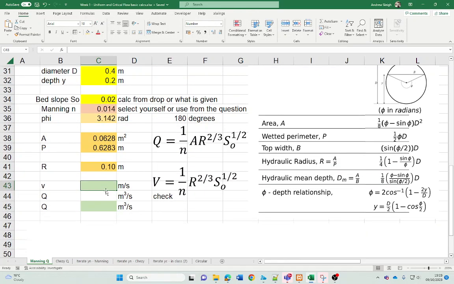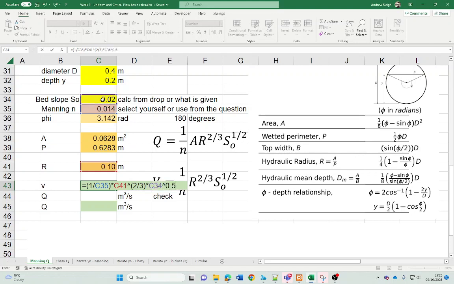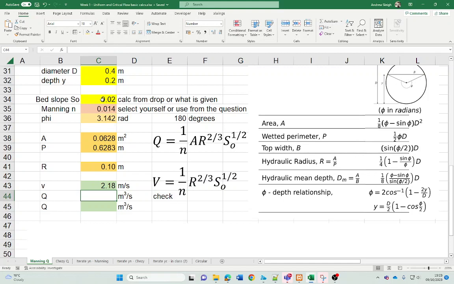So the formula for velocity is equal to 1 divided by the Manning's n times R raised to the 2/3 times the bed slope raised to the 0.5. Great. Q is just velocity times area.